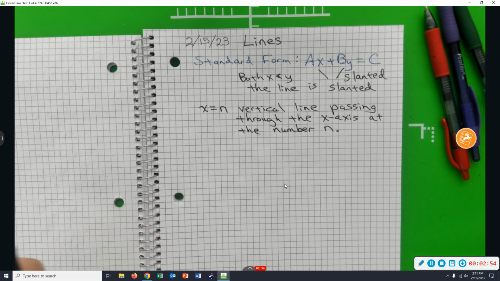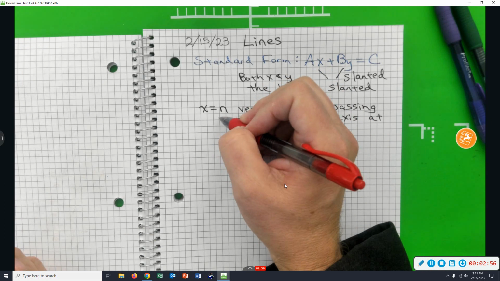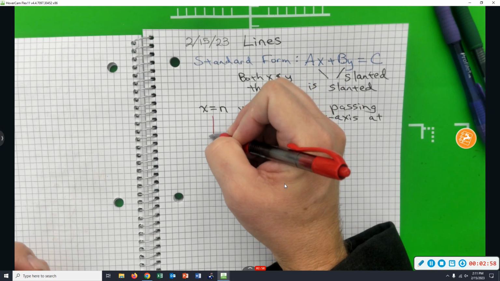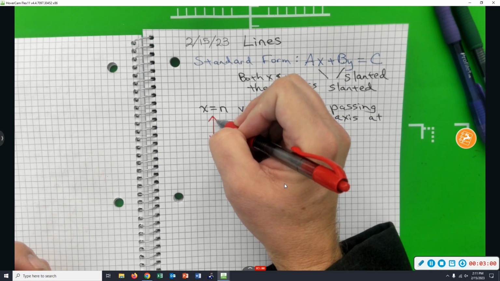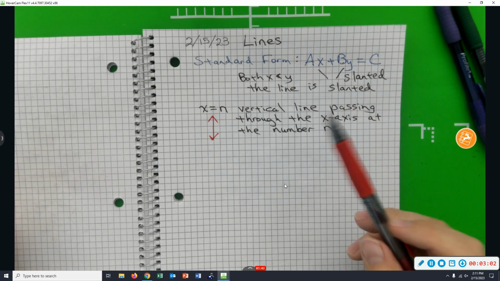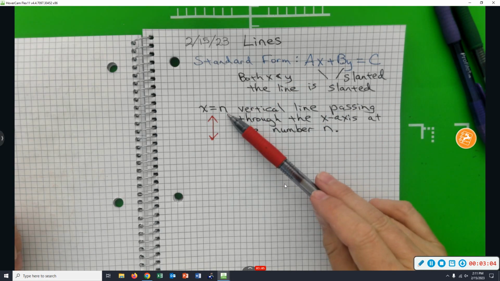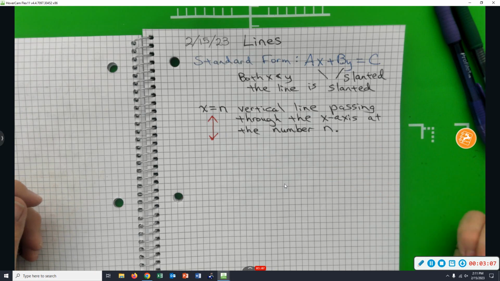Just to remind you, a vertical line runs up and down. And we'll discuss why x equals a number represents a vertical line in a moment.